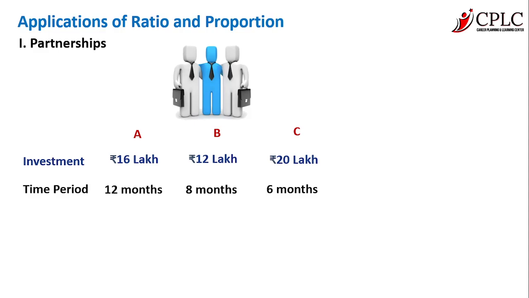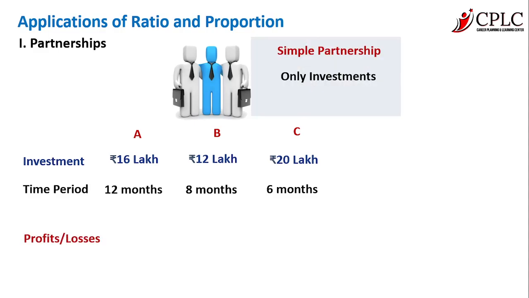So, what we need to understand here is if it is a case of simple partnership, then the ratio of profits and losses will only and only depend on the investment. Time duration has nothing to do with it. So, that means whatever is the investment ratio, the same has to be the profits or losses ratio. So investment amounts are 16 lakh, 12 lakh, and 20 lakh.